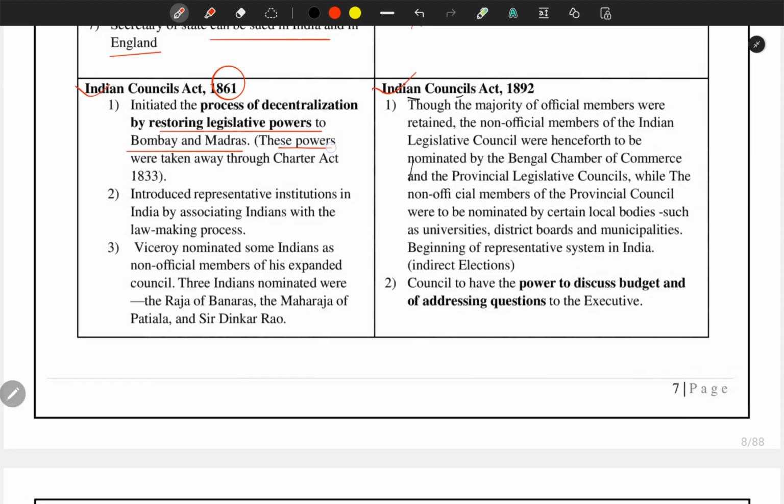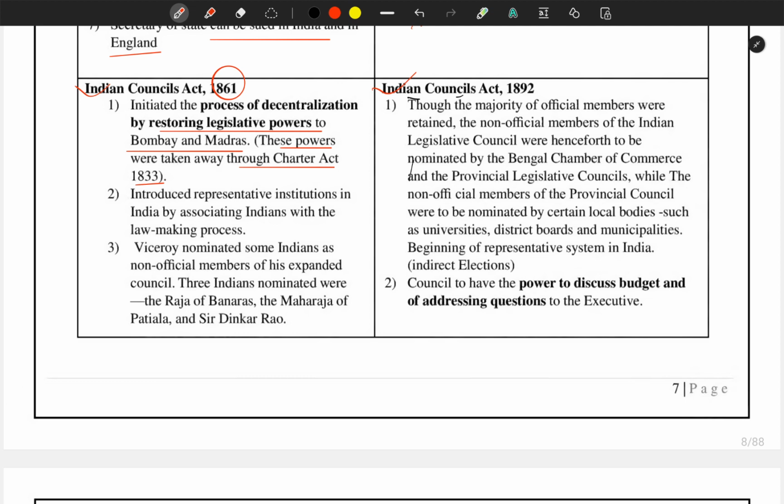As mentioned over here, legislative powers were taken away through the Charter Act of 1833, but decentralization is now initiated by restoring the legislative power of the Bombay and Madras presidency.